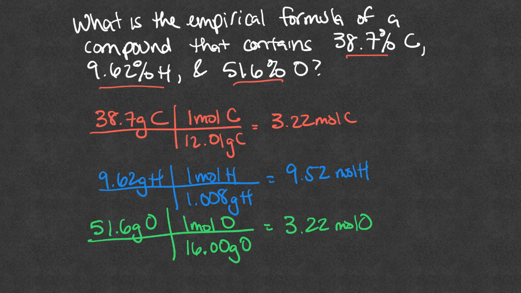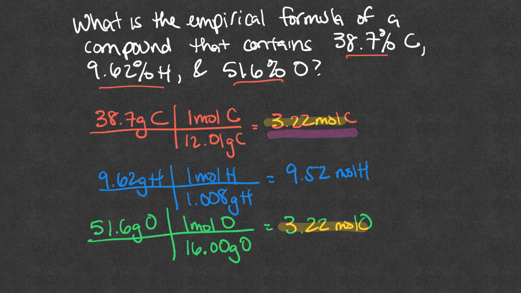So for example, when we look at this instance here, we see that the smallest number of all these 3 mole answers is 3.22. All right, and we have it twice here, so it kind of works out well. So what you want to do in this case is take 3.22, and you're going to divide them by both.